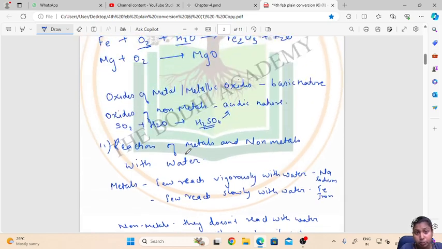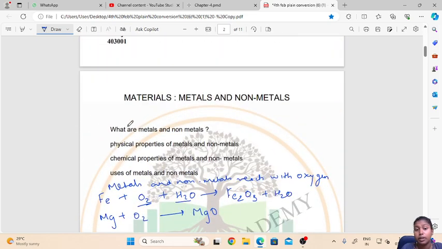So in this chapter, we have seen what metals and non-metals are, and what their physical properties are. One is that metals are malleable. In our previous class I discussed what malleable means: you can beat a metal into a thin sheet.